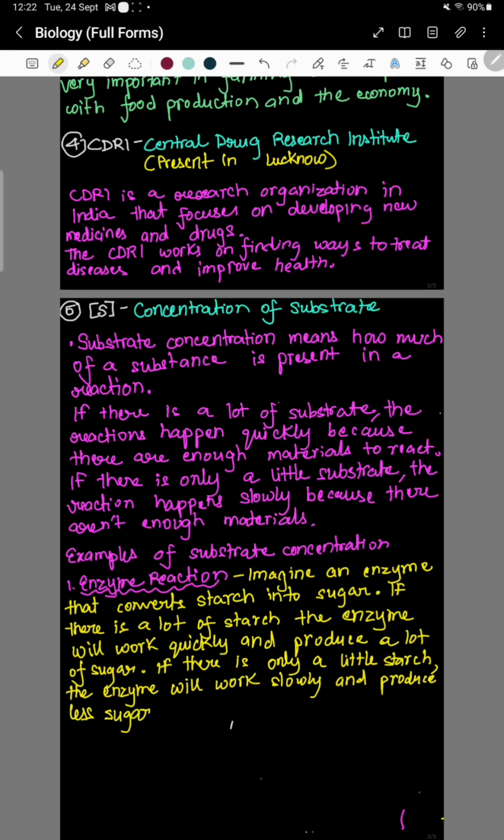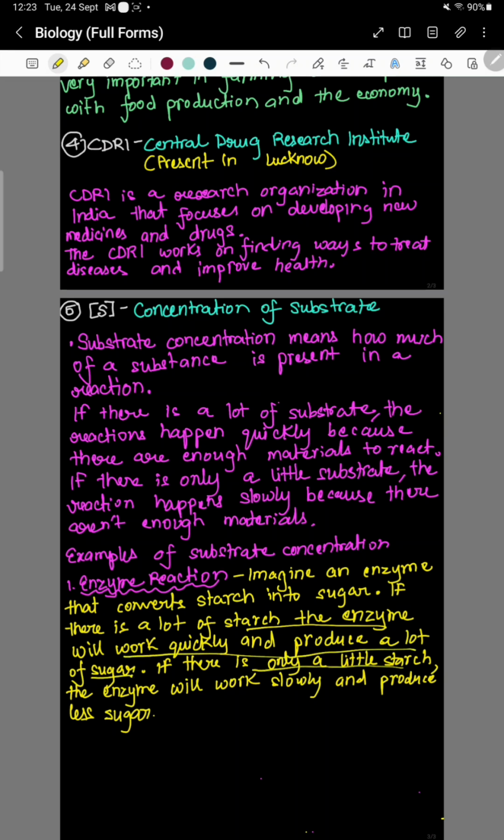So what is happening, like example, enzyme reaction. Imagine an enzyme that converts starch into sugar. Okay, that enzyme is converting starch into sugar. Now if there is a lot of starch, the enzyme will work quickly and produce a lot of sugar.